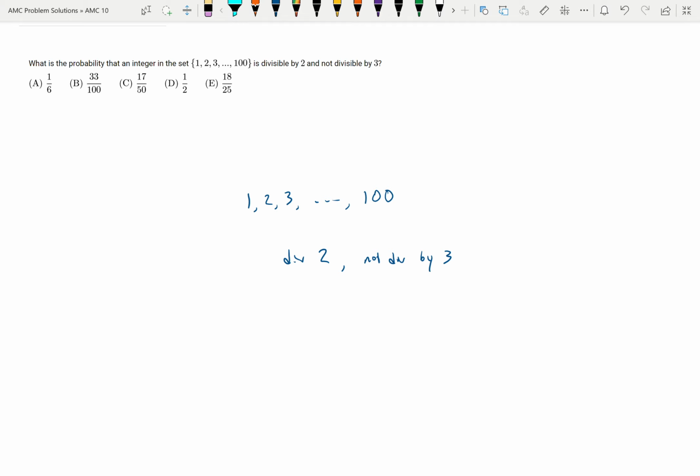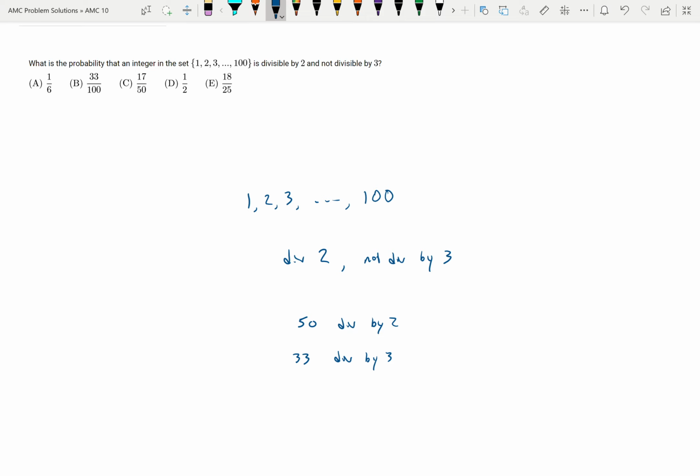So in that set, there are 50 numbers that are divisible by 2, and there are 33 numbers that are divisible by 3.